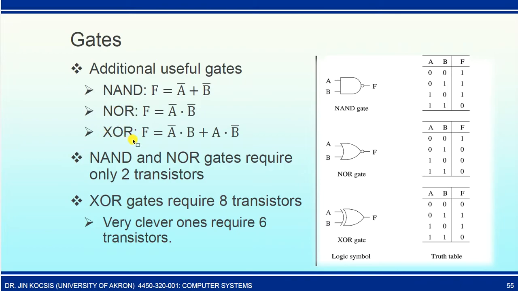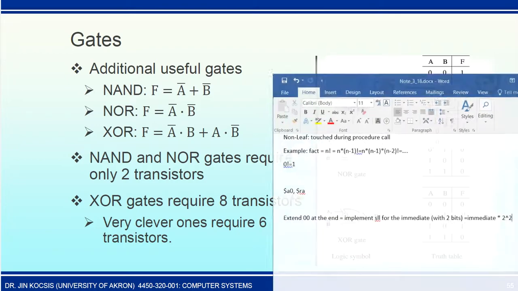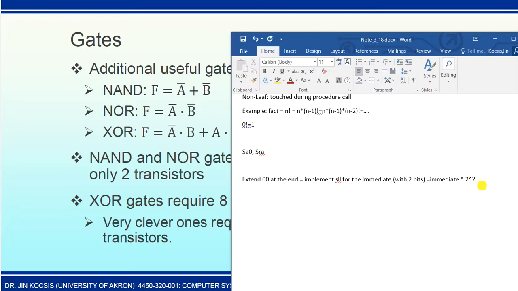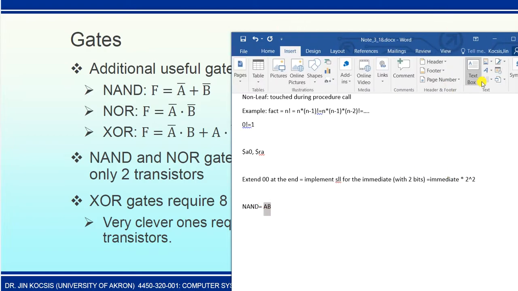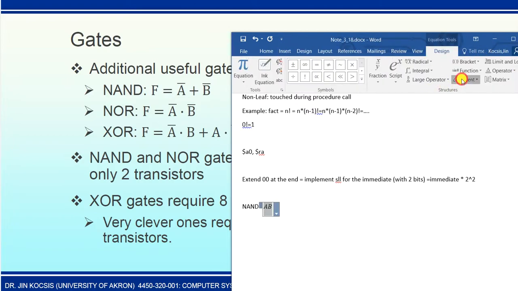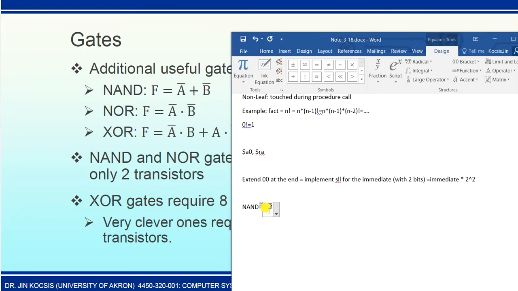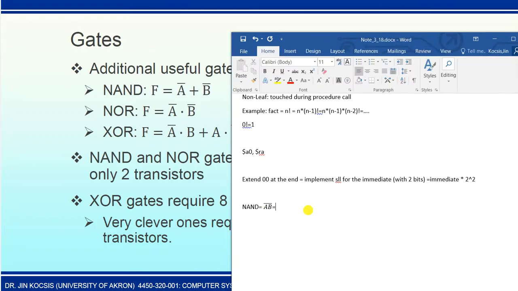and exclusive or. You see, what does not and mean? Not and means A B, and then you need to do not. Right, and this is equal to what?